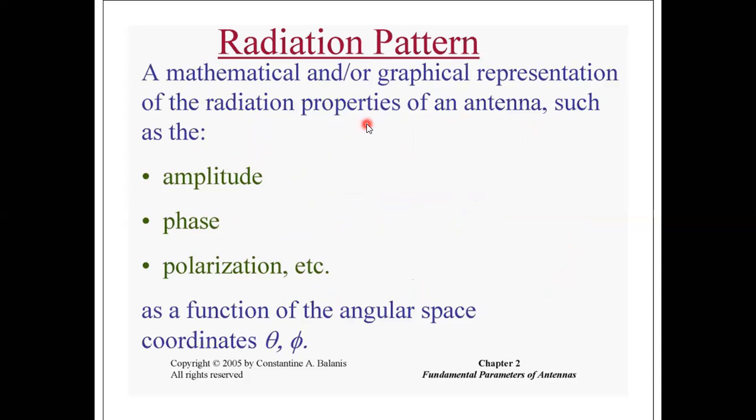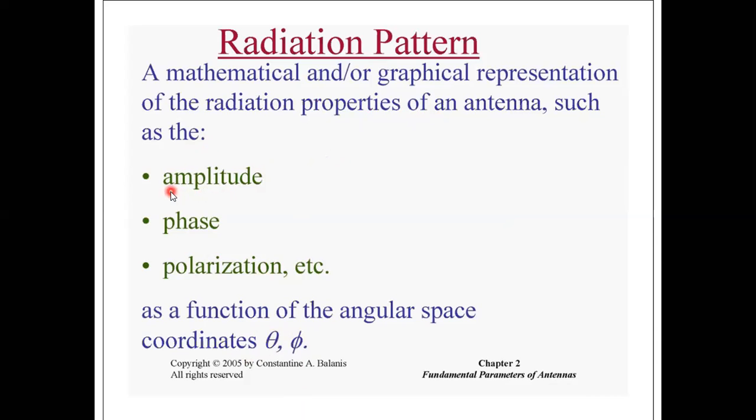So coming to radiation pattern, we can define it as a mathematical and graphical representation. It is a polar graph of radiation properties of an antenna, showing how the field or amplitude varies as a function of theta and phi.